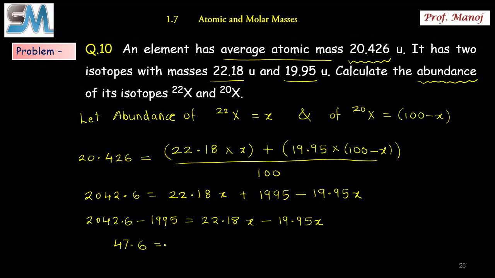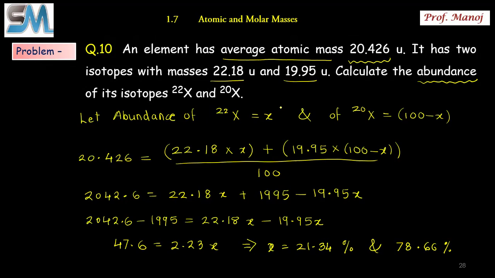If I separately subtract them, we get 47.6 here, and here it becomes 22.18 minus 19.95, that's 2.23x. Now if I divide, the answer for x comes as 21.34% and the other will be 78.66%.